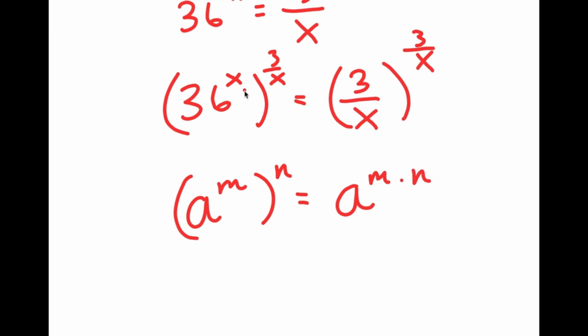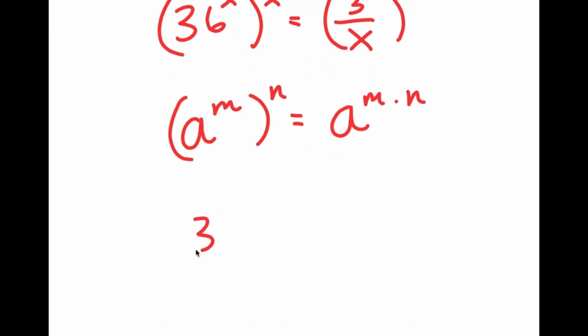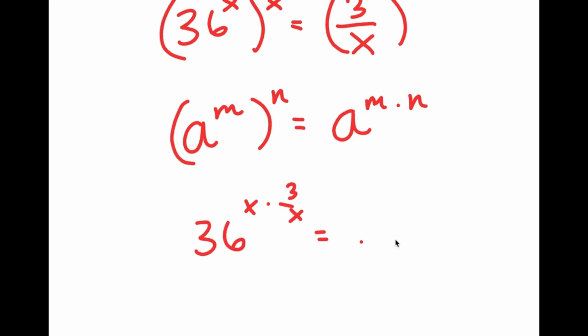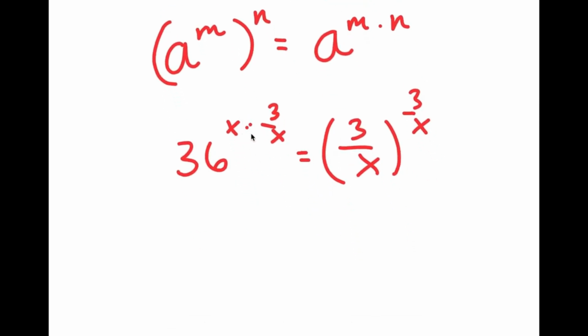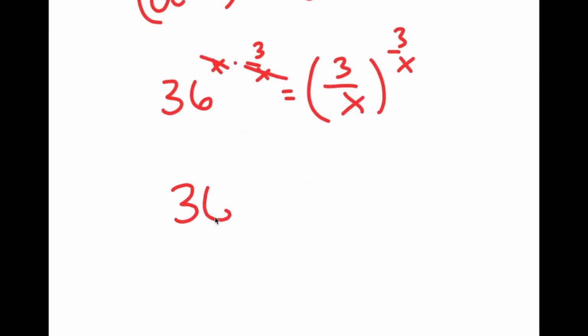So 36 to the power of x to the power of 3 over x is going to equal 36 to the power of x times 3 over x. And this is equal to 3 over x to the power of 3 over x. So then now these two x's cancel out, and I get 36 to the power of 3 is equal to 3 over x to the power of 3 over x.